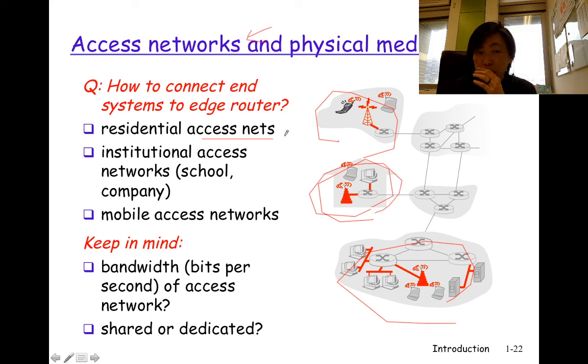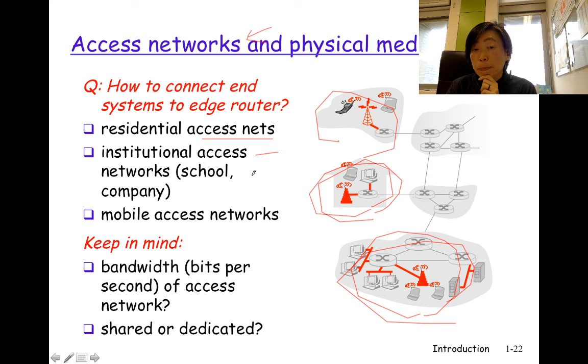What's very popular there is ADSL in the older time. Nowadays, you might be using cable modem, and some of you might be using the fiber services. Institutional access, which is right here. A lot of times we use Ethernet and Wi-Fi. Yeah, that's about it. Ethernet and Wi-Fi in a big company or in a big university.